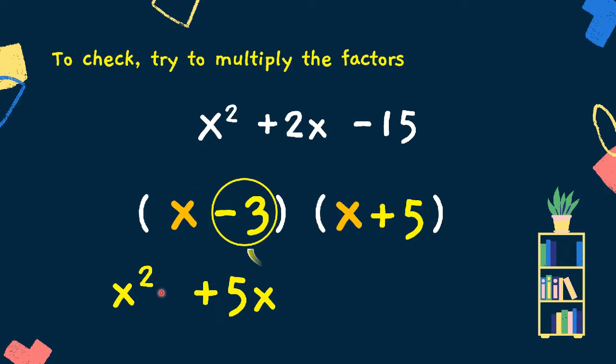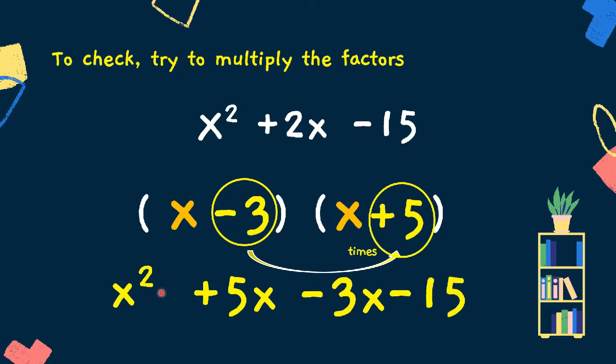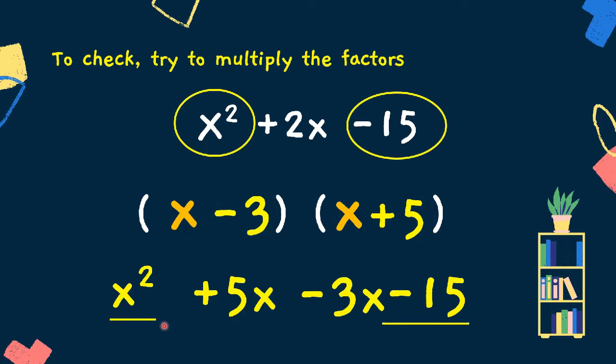Next, we have negative 3 times x, which is negative 3x. And negative 3 times positive 5 is equal to negative 15. Notice that the first term and the last term match our given polynomial.